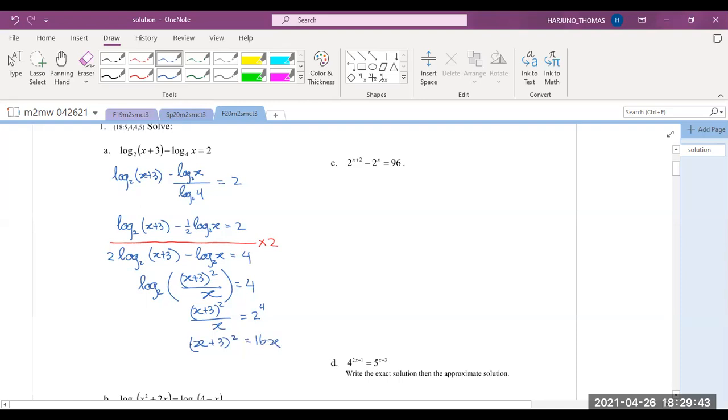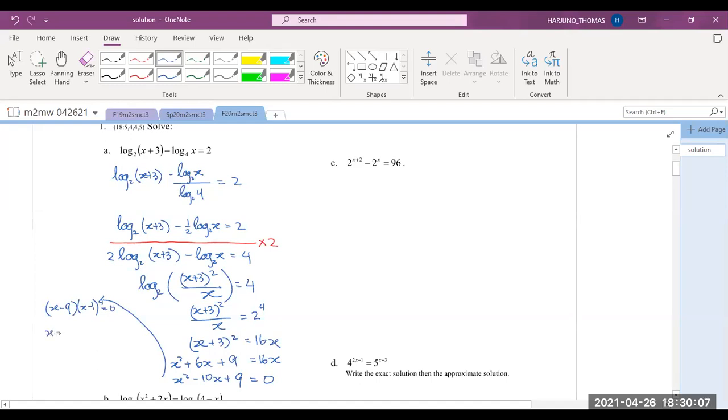Now from there, we solve further. This is x squared plus 6x plus 9 equals 16x. So x squared minus 10x plus 9 equals 0. So (x minus 9)(x minus 1) equals 0.